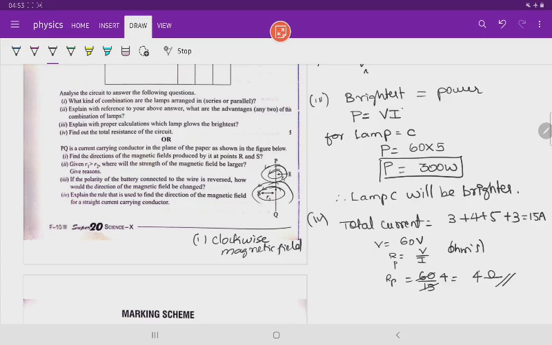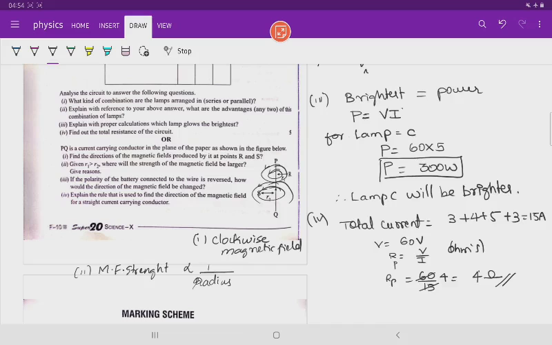Given that R1 is greater than R2, where will the strength of the magnetic field be more? We know that magnetic field strength is inversely proportional to the radius, or distance away from the current carrying conductor. Which is more now? R1 is greater.